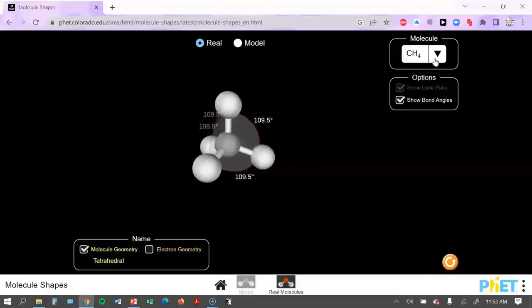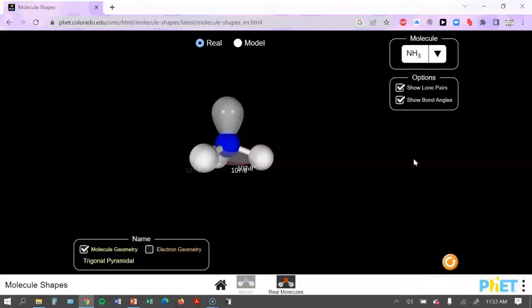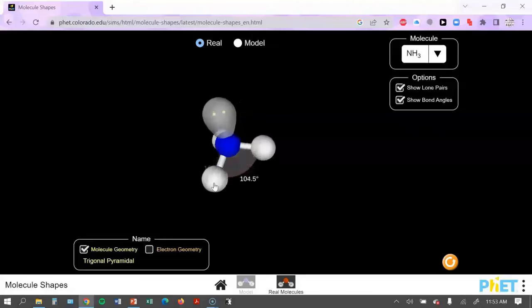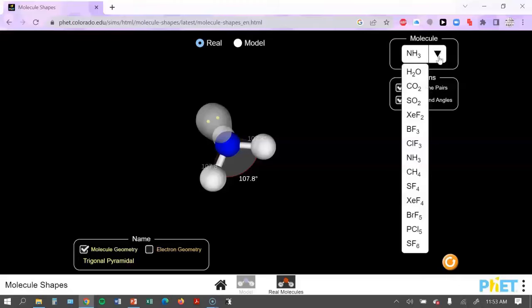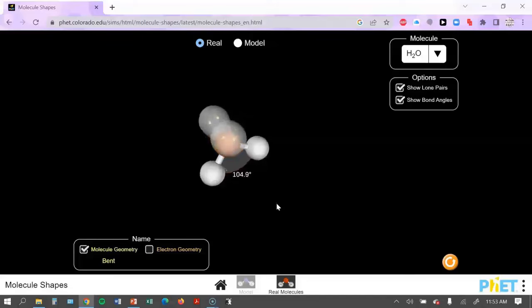109.5 degrees. Now when I switch to NH3 from the options, this bond angle in NH3 is not 109.5, but slightly less than that value. So it's about 107, 108. And when I switch from NH3 to H2O, I can see that the bond angle in H2O is even smaller than the bond angle in NH3.